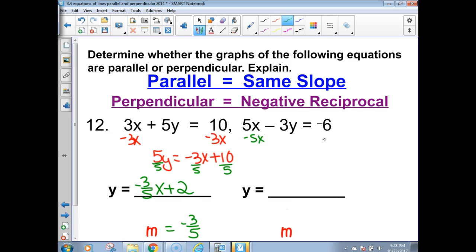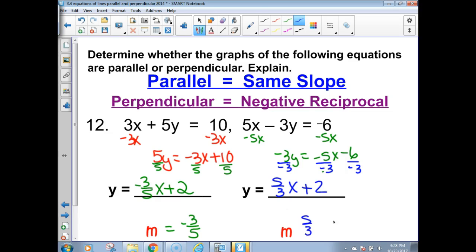This one, subtract 5x. Negative 3y equals negative 5x minus 6. My last one, guys. Divide by negative 3. Now I'm going to get y equals positive 5/3 times x plus 2. So this has a slope of 5/3. These are perpendicular.